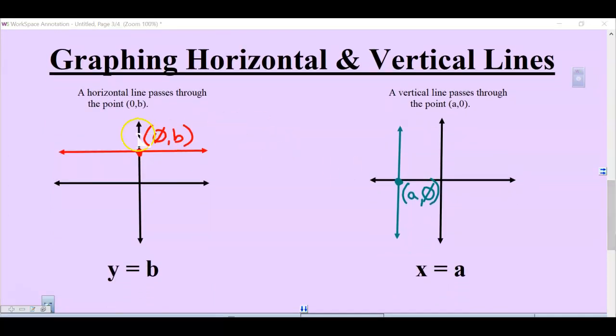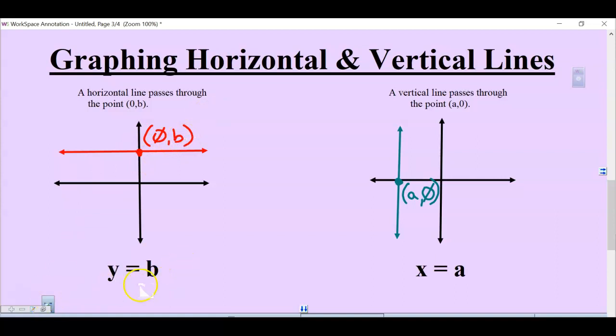A horizontal line always passes through a point we identify as B. We'll learn later on that B is actually referring to something called the y-intercept, but we're just going to label it as B right here. So it is at the point 0, B, and whatever B is, that's what y is.